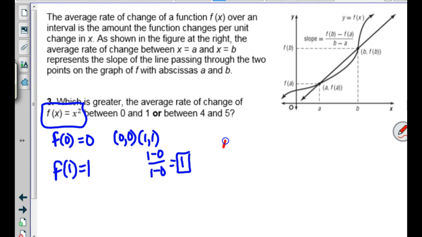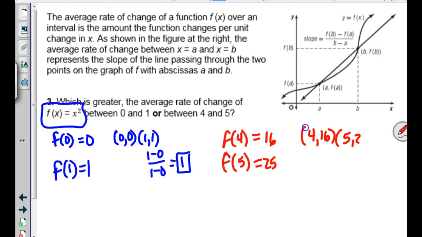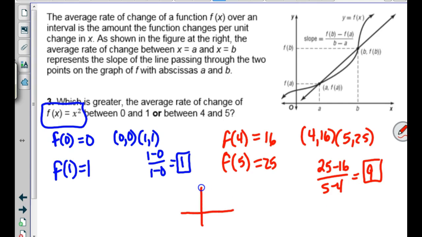If I used f of 4 and f of 5, I'm squaring them, so I get 16 and 25. So my ordered pairs are 4, 16 and 5, 25. 25 minus 16 over 5 minus 4 is what? Is that 9, guys? So it's much steeper, yes? Does it make sense? This parabola looks like this, right?